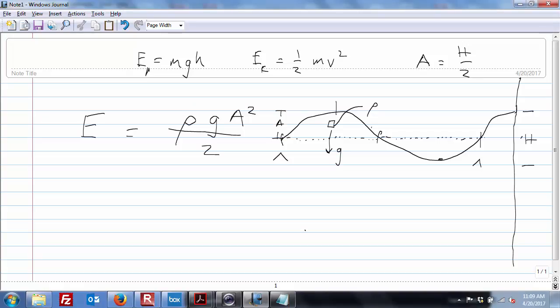So that's the relationship between H and A. A is the amplitude from neutral, and H is basically double that. That'll come in handy in another second.